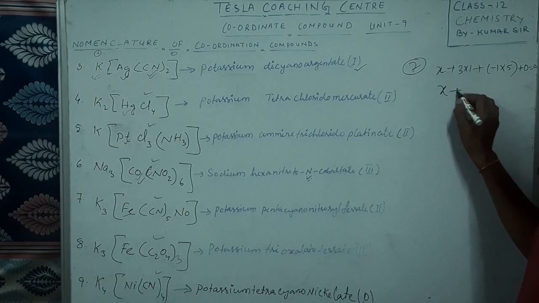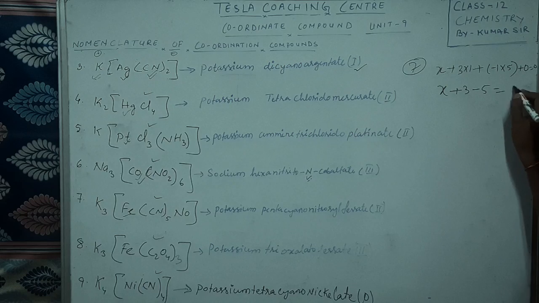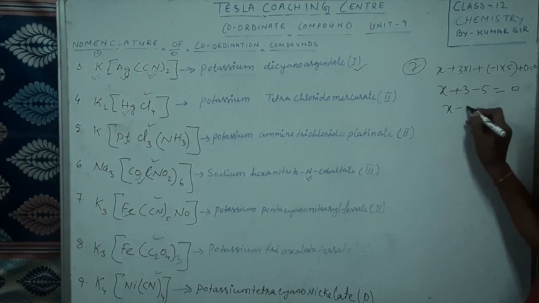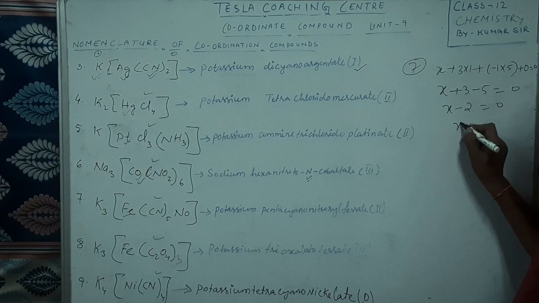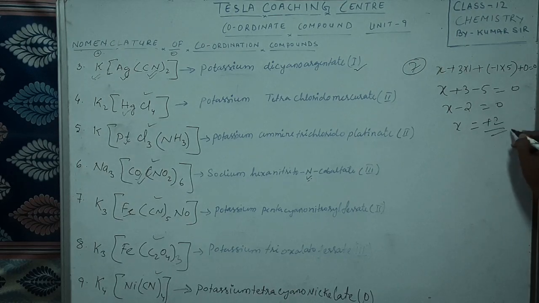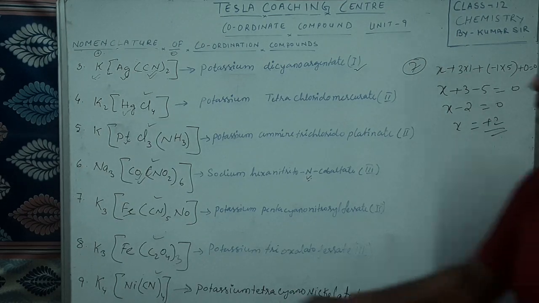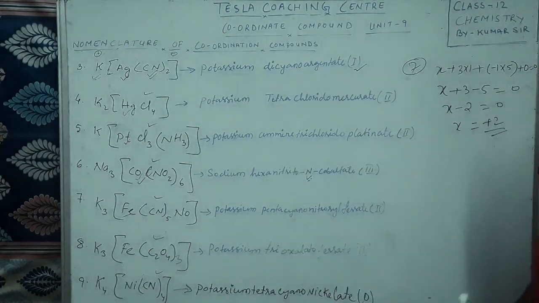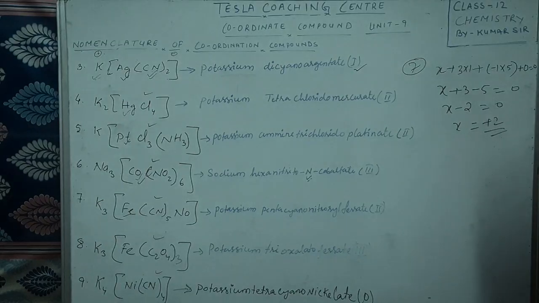So X plus 3 minus 5 equal to 0. So X, 3 minus 5 is how much? Minus 2 equal to 0. So X is equal to plus 2. So oxidation number of Fe is plus 2. Okay.